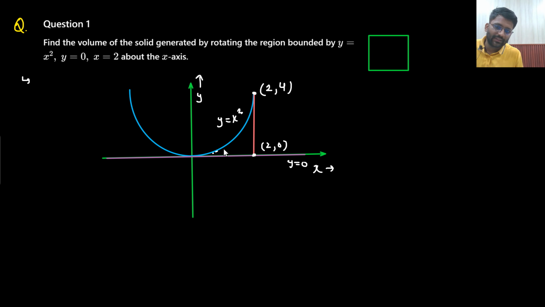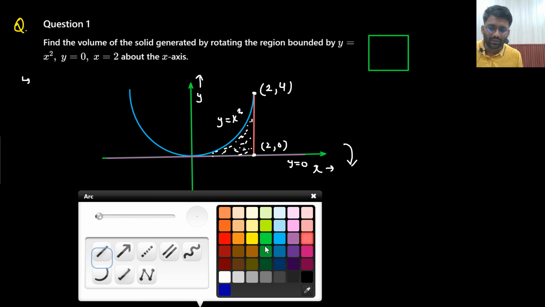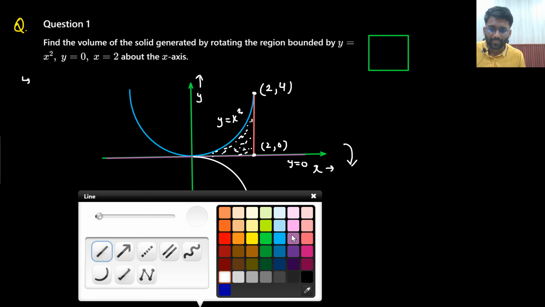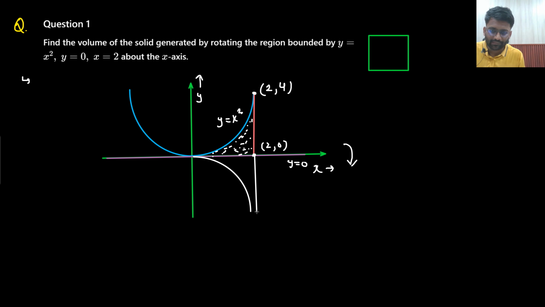So what is the region bounded? Sir, this is the region bounded. So this is the region bounded which we need to rotate. What I need to do, and this is very important, is rotate this about the x-axis. So I am rotating this about the x-axis. So I will simply need to take a mirror image of the given structure, which is like this.